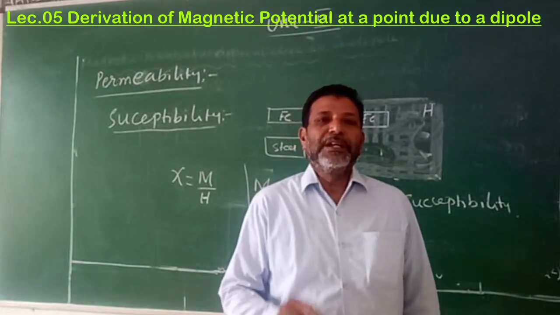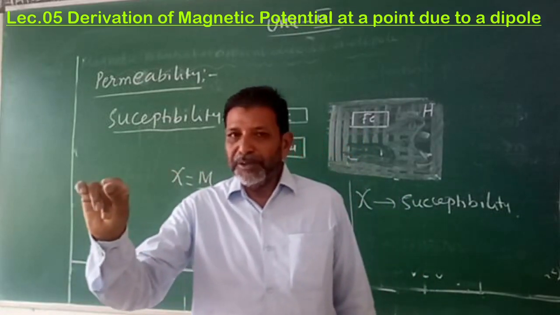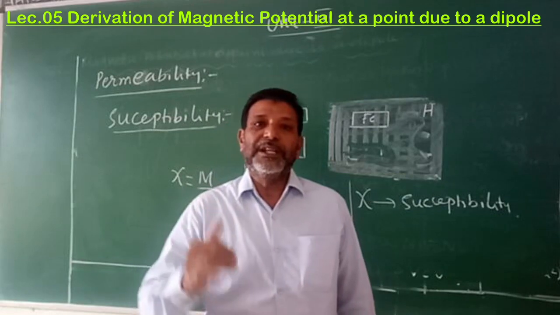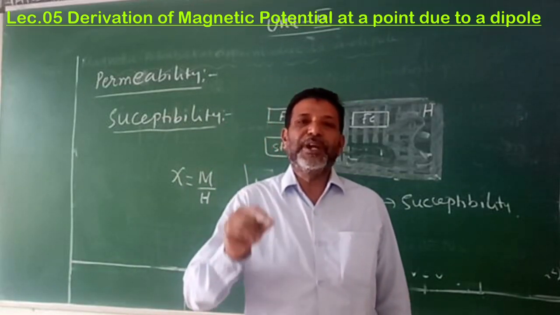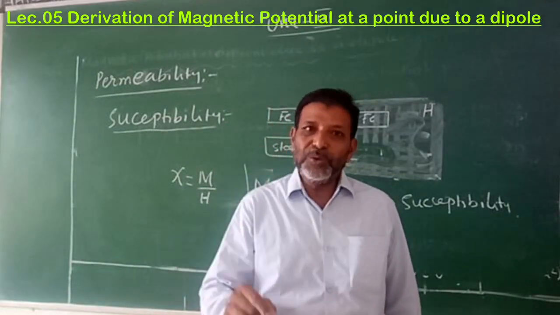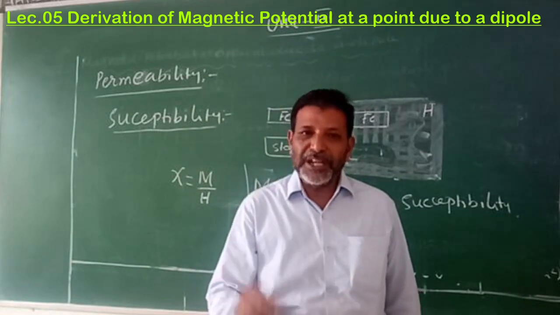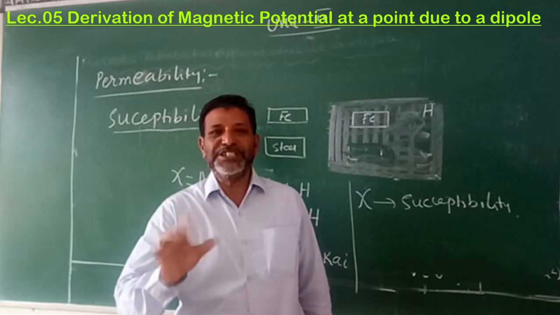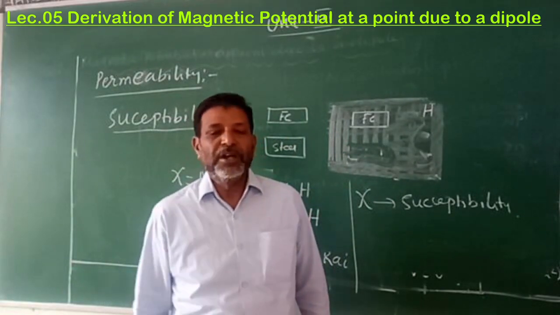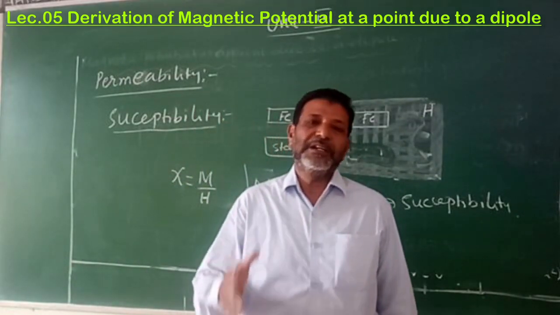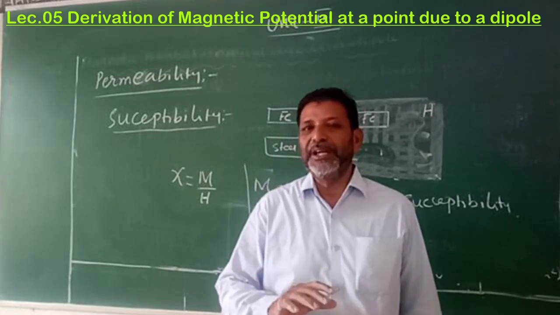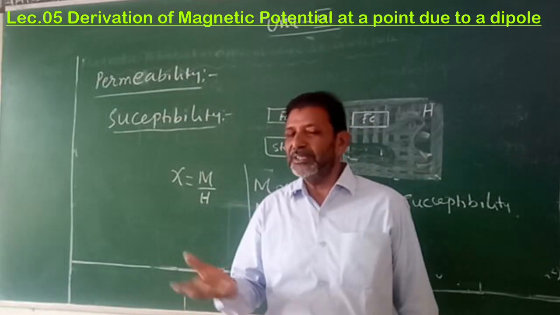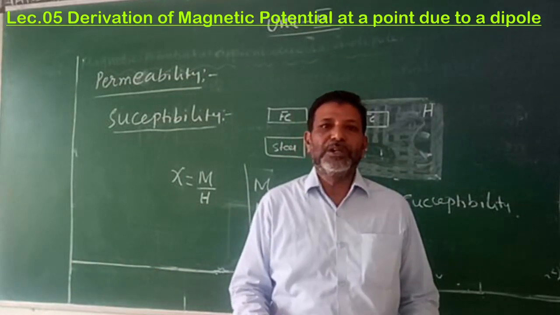You have the formula for magnetic potential at any point on the axial line of a dipole, whereas the potential at any point on the equatorial line is zero, and hence the equatorial line is the line of zero potential. The next two definitions are permeability and susceptibility, and you know the meaning of both.